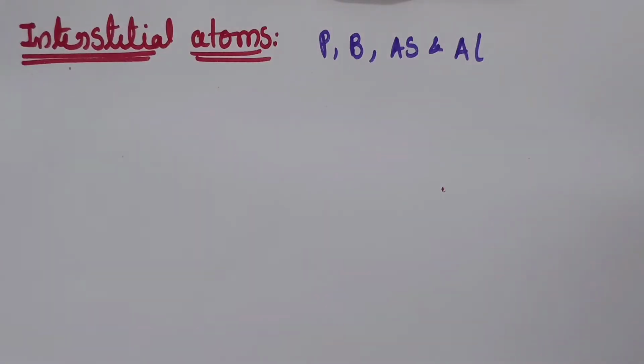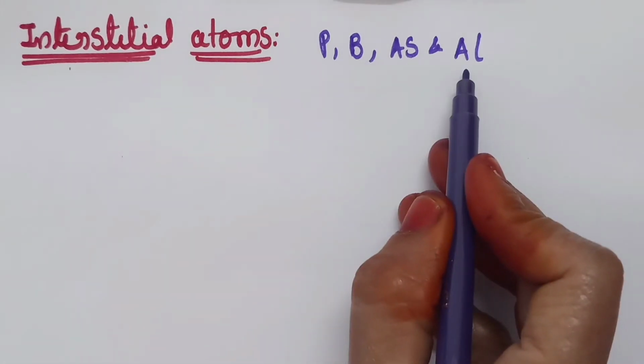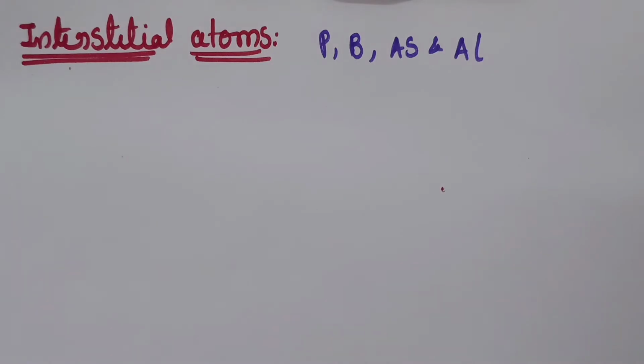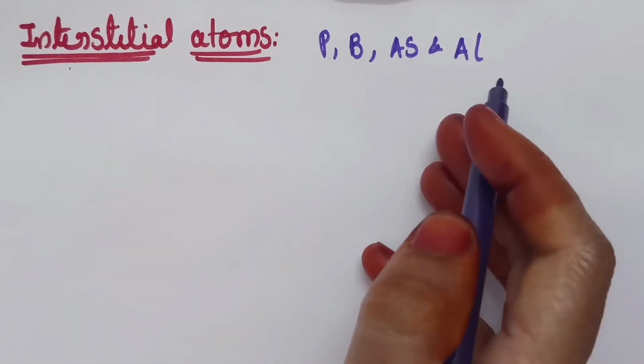Intrinsic or pure semiconductors are practically not available. While doping a semiconductor with impurities like phosphorus, boron, arsenic and aluminum, these impurities may not be pure, and will themselves contain some other impurities.